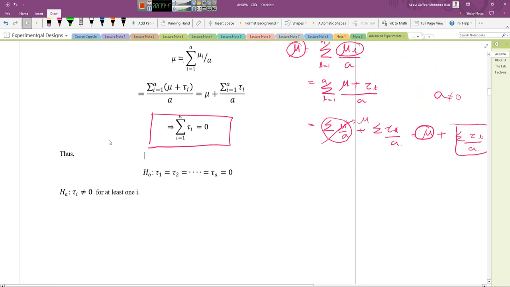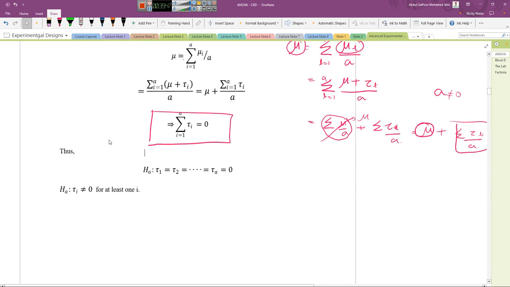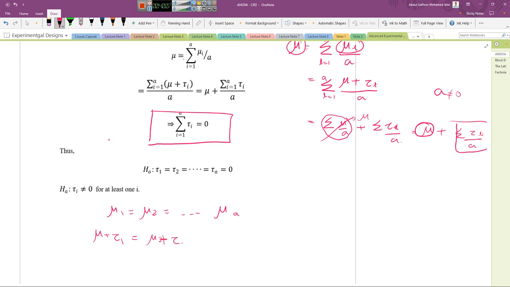From this we can now modify our null hypothesis. We already know that mu1 is equal to mu2 is equal to up to mu a, right? So now mu1 can be written as mu plus tau1 is equal to mu plus tau2 up to mu plus tau a.